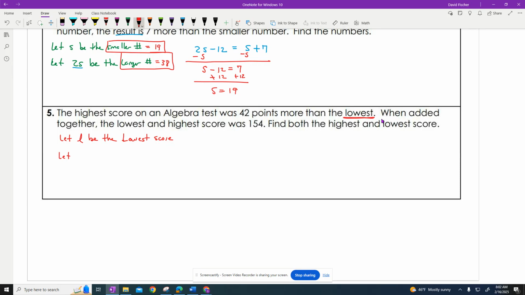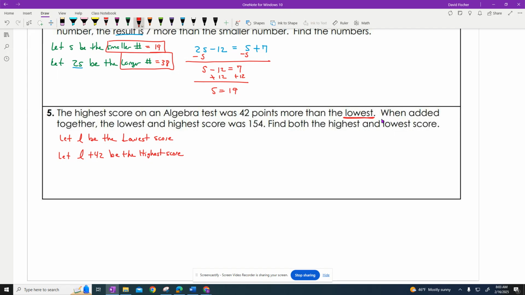So if I don't know what the lowest score is, the highest score is going to be L plus 42, because it said 42 more than the lowest score, equals, let's say B, the highest score. Now they said if the lowest and the highest score was 154, find the highest and lowest score.